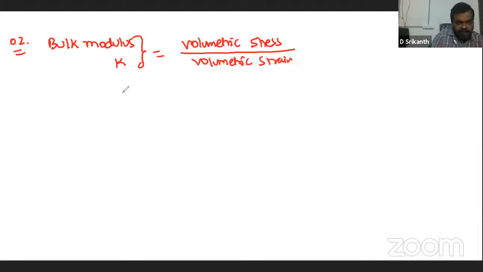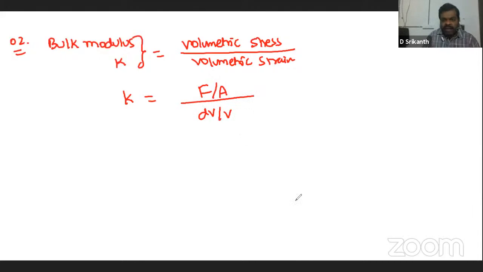K equals F by A by volumetric strain. Volumetric strain means change in volume by initial volume, that is dV by V.